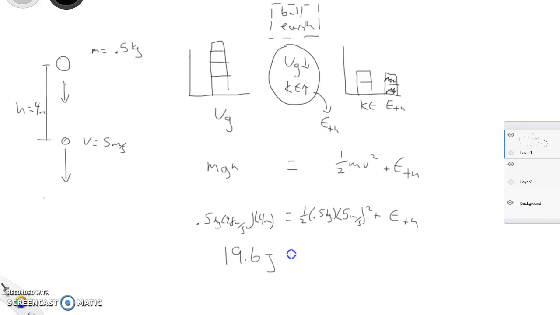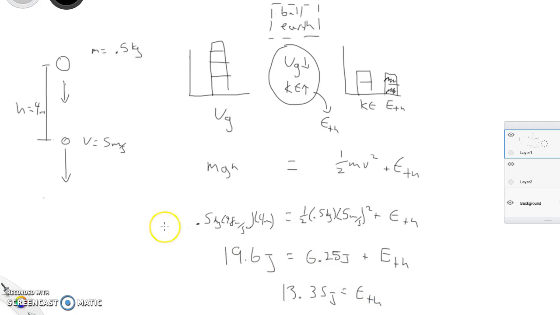So 19.6 joules of potential energy, 6.25 joules of kinetic energy, and then E thermal you can solve for just by subtracting those, and get 13.35 joules of thermal energy created.